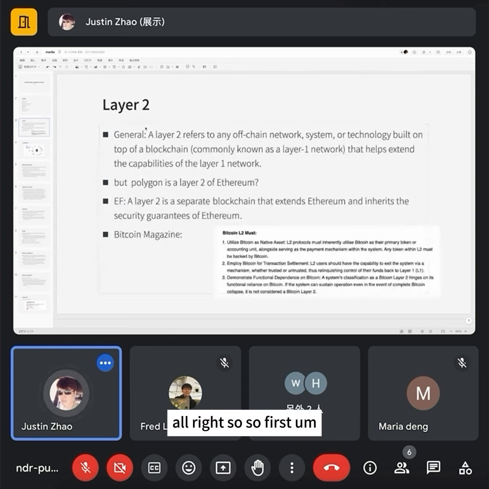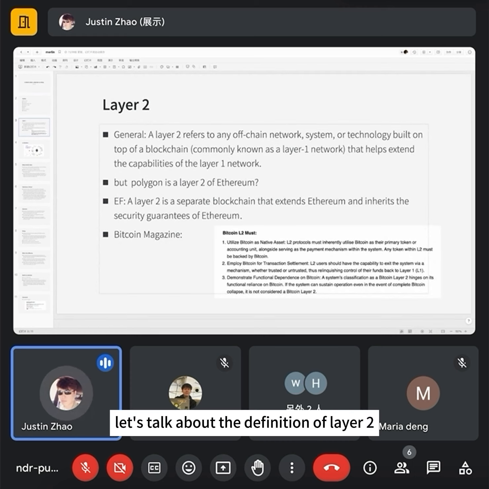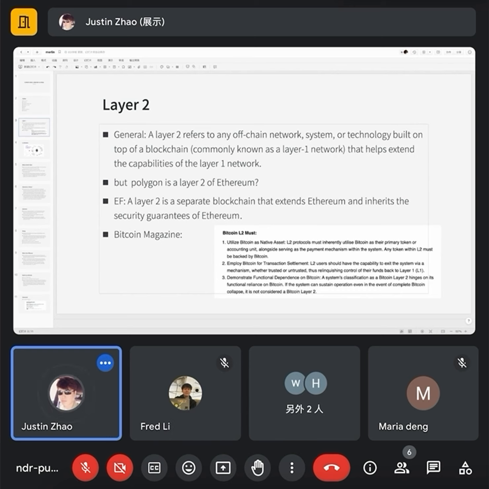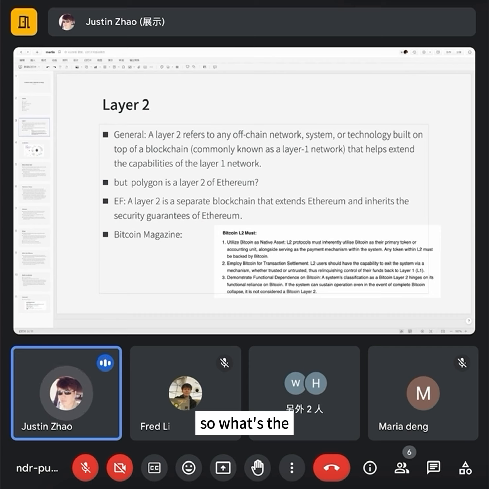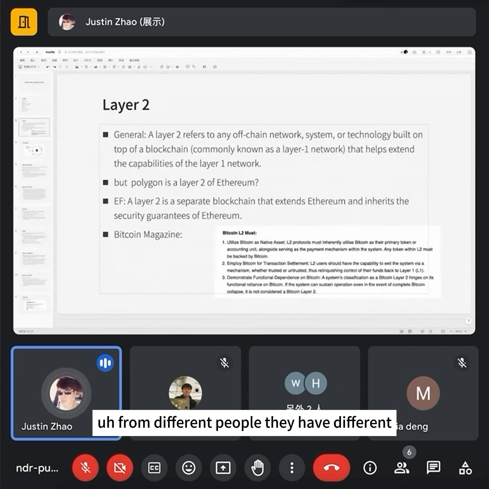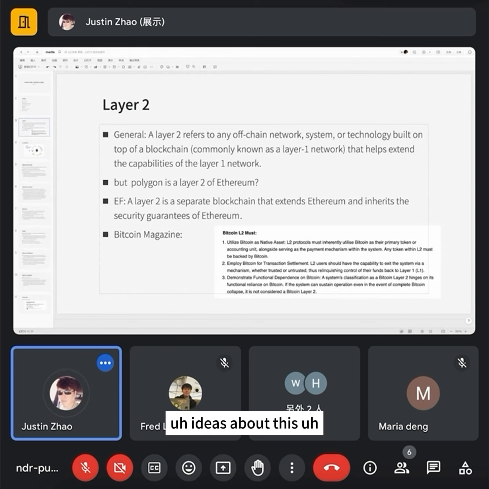All right, so first, let's talk about the definition of layer 2. Definitely everyone here knows this is layer 2. So what's the true definition of layer 2? Different people have different ideas about this definition.